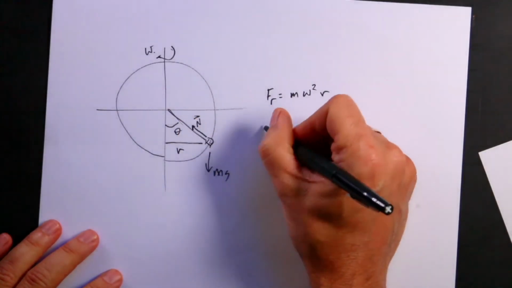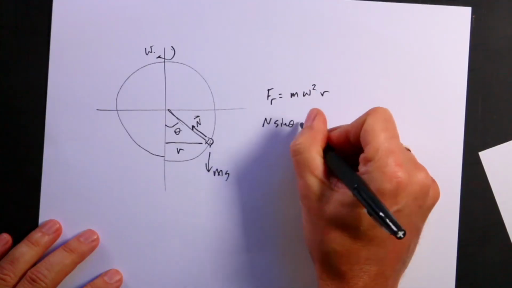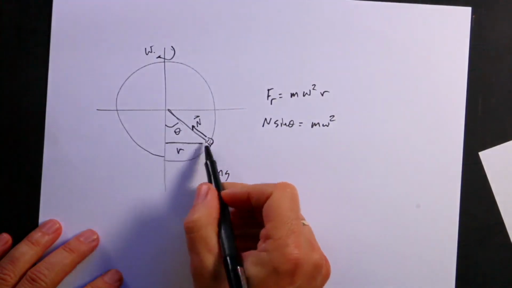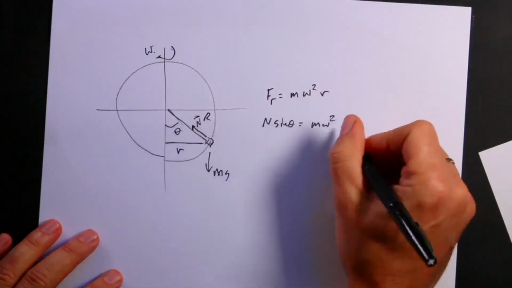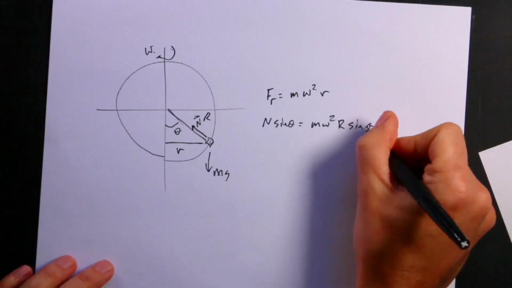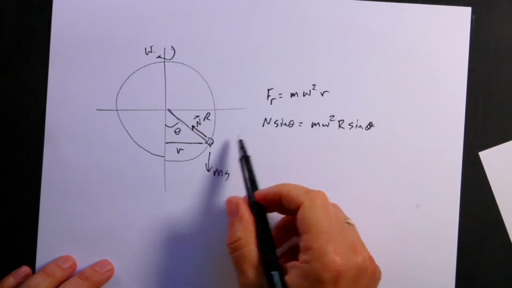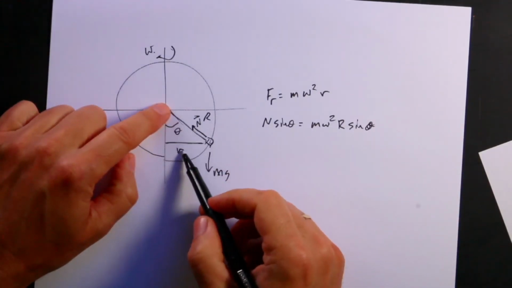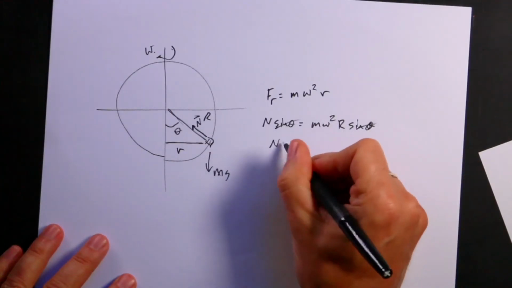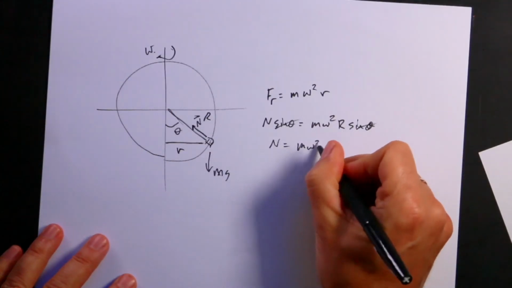So I can say N sine theta equals m omega squared r, and r right here is going to be big R sine theta. Is that true? Yeah, I guess so. Okay, so these cancel, and I get N equals m omega squared R.